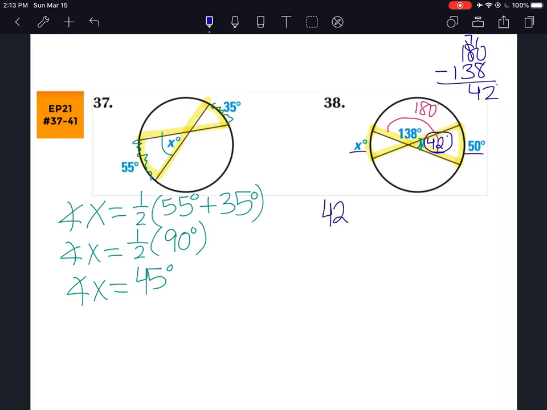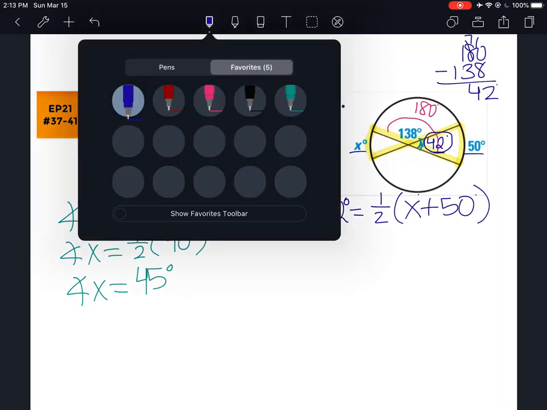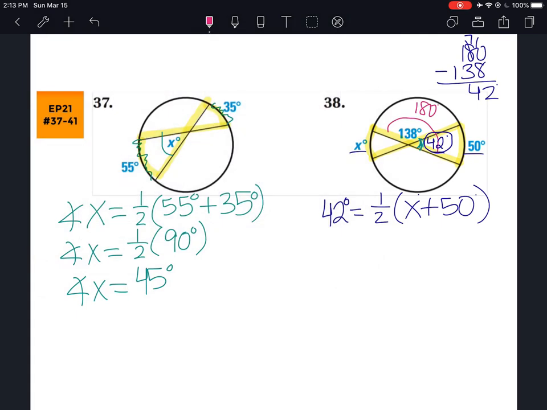The angle formed by the two chords is equal to 1/2 arc 1, which we can call x, plus arc 2, which we can call 50 degrees. Then from here, we have to distribute the 1/2. Now, if you don't want to distribute, you can just get rid of 1/2 by multiplying by the reciprocal.